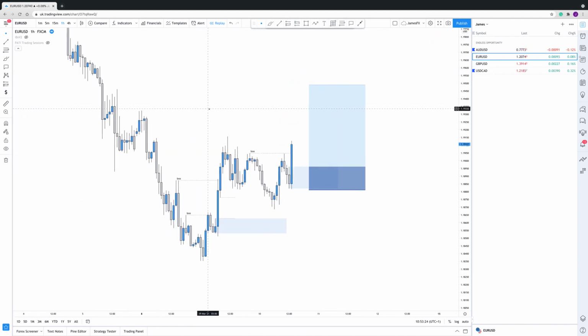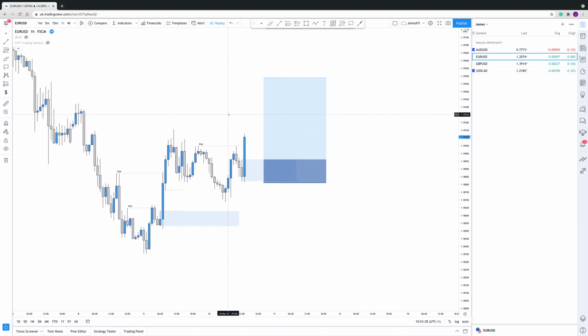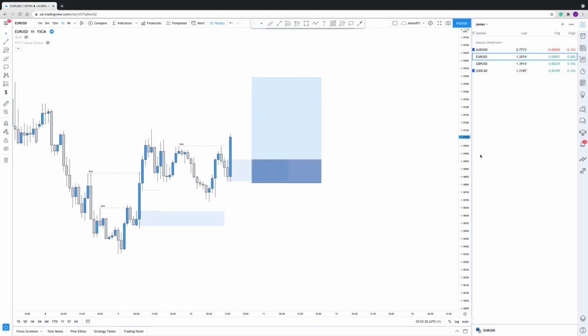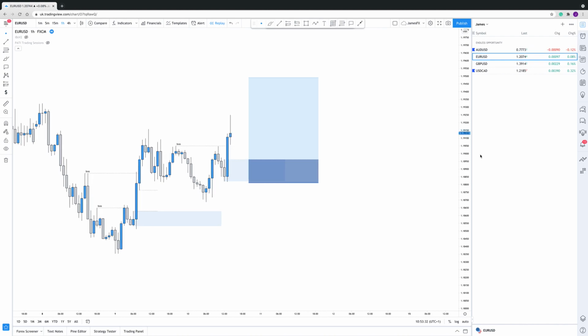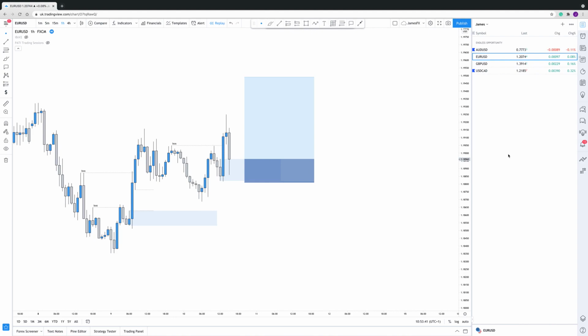Okay, so we've got our entry set. This is our trade. We've got our limit order on. So let's just see if price taps us in. So we get a wick, and we close with this large wick, and we then pull back quite aggressively.